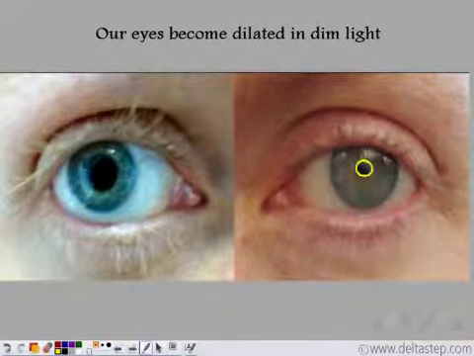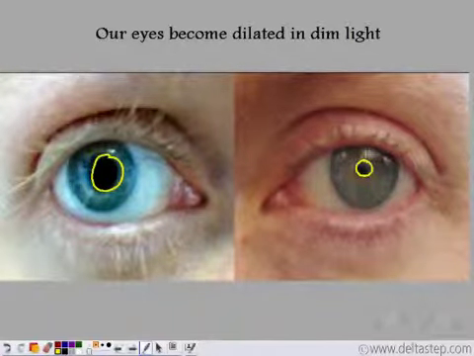Now, when there is dim light, the pupil becomes dilated. See? Well, this is because it needs maximum light to enter into the eye. So that is why the pupil dilates in dim light so that light can enter into the eye.